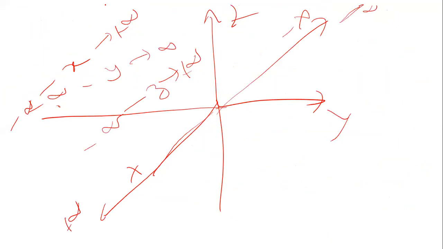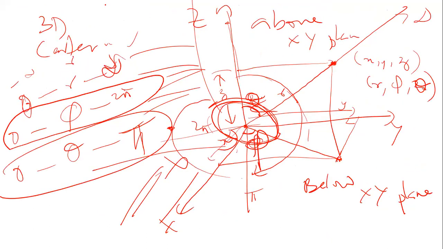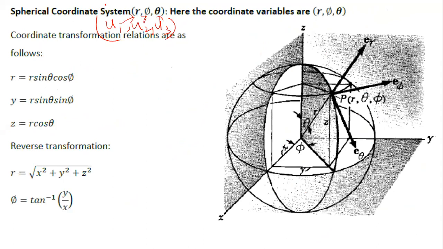Now, what are the transformation relations? Yes, this is how you can represent it. If you look at this carefully here, this is the point. This point can be identified using r, phi, and theta. Whichever you write first, it doesn't matter. Phi is the coordinate variable which varies between 0 to 2 pi, and theta is a coordinate variable which varies between 0 to pi.